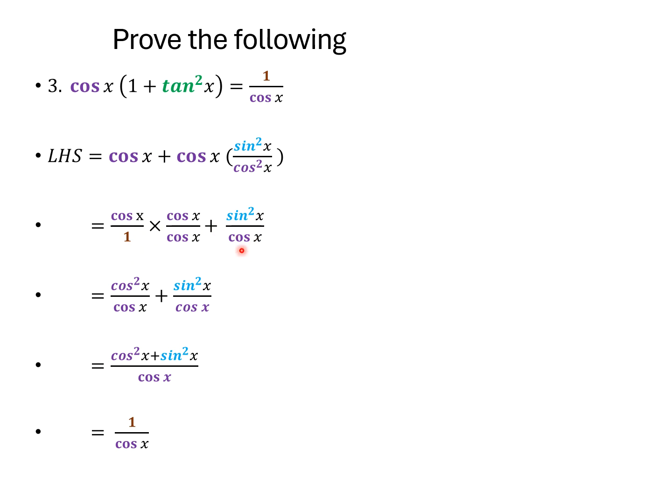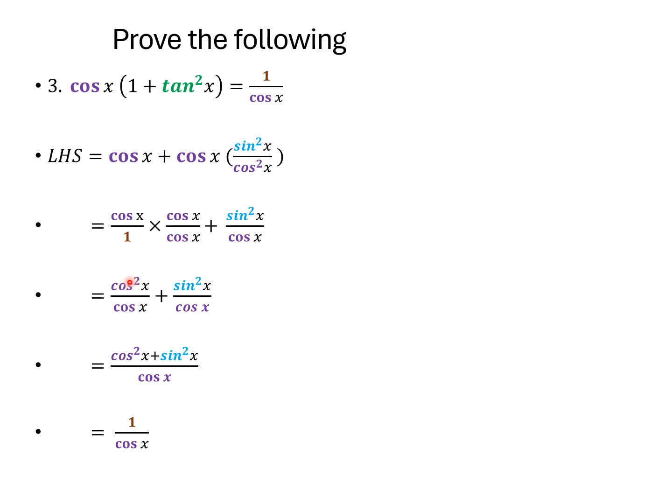To add this fraction with cos x to that fraction, the denominators must be the same. Because it's cos x over 1, I'm multiplying by cos x over cos x. So cos x times cos x gives me cos squared x, and cos x times 1 gives me cos x.